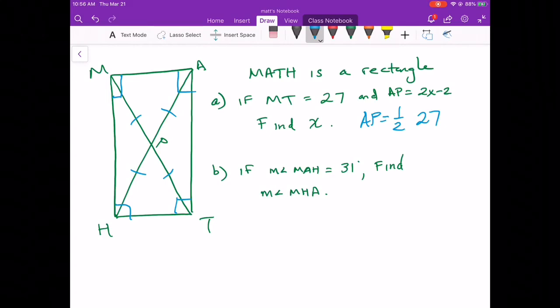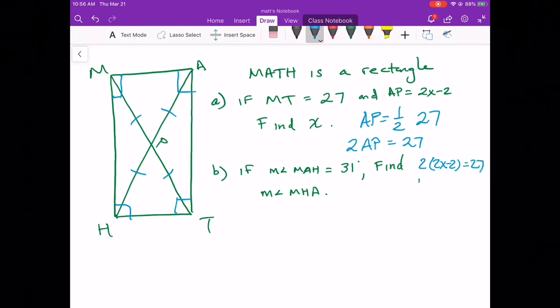Well, I don't love thinking about fractions. So this is the exact same thing as saying I need 2 APs to get one of those 27 length diagonals. Okay, that's a little bit easier for me to think about because that way I'm able to keep it without fractions. So now I'll substitute in for AP. 2 times 2x minus 2 is equal to 27.